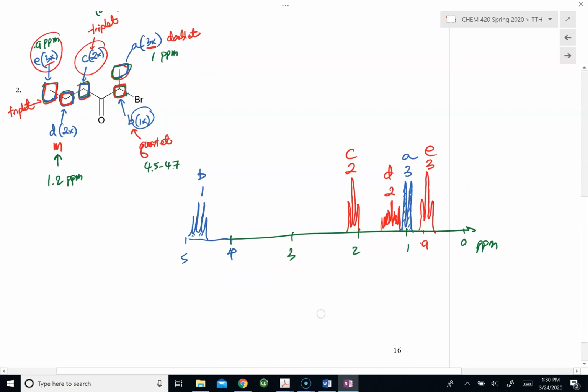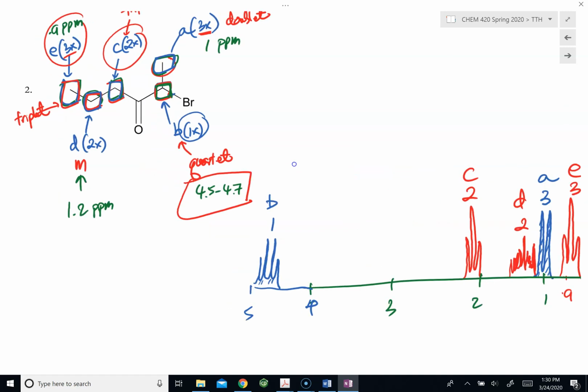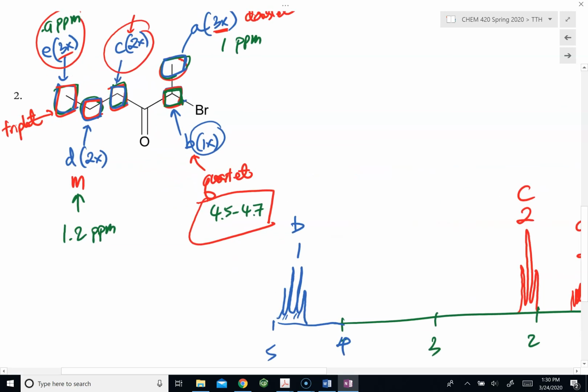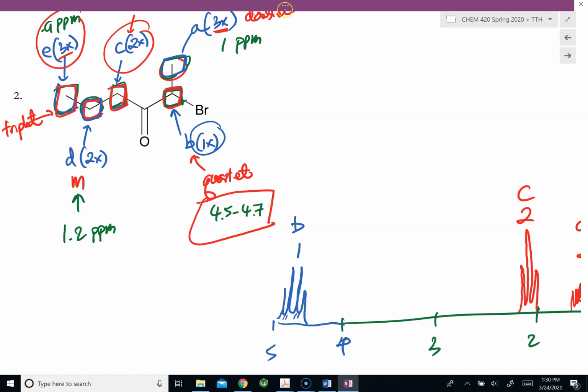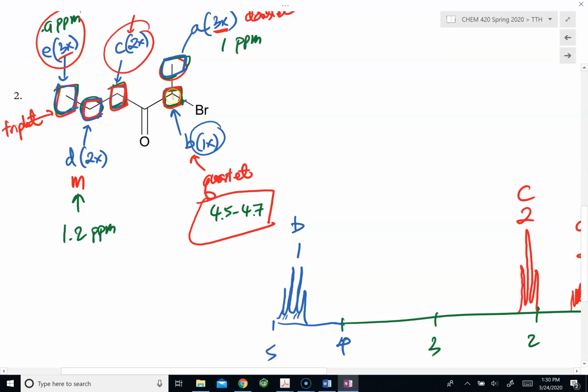Now, let's discuss how we estimated the chemical shift of this signal in here. Why did we estimate that it's somewhere between 4.5 to 4.7 ppm? One trick to estimate the chemical shift of a signal whenever the hydrogen has 2 things connected to it is as follows. Here we can see that this hydrogen is connected to a bromine and a carbonyl.